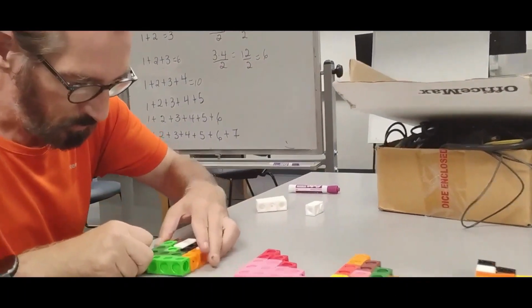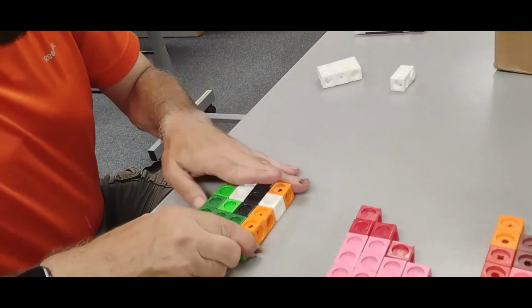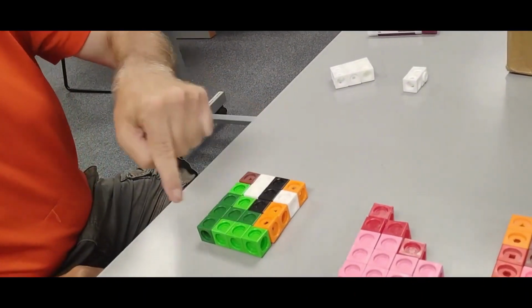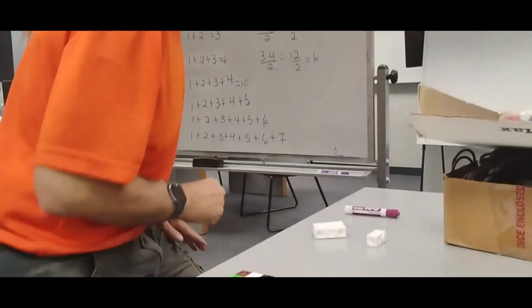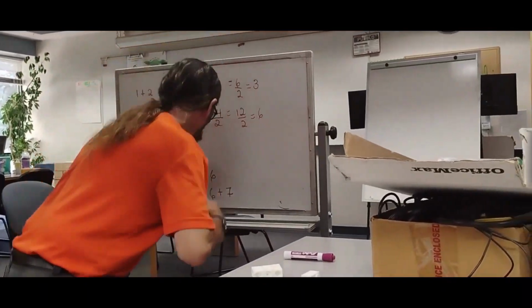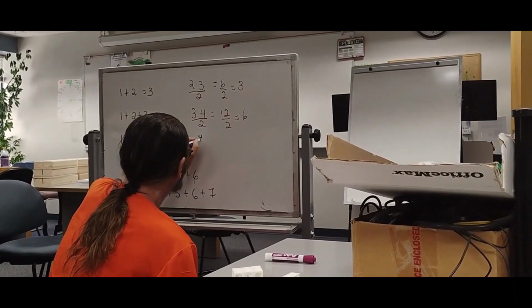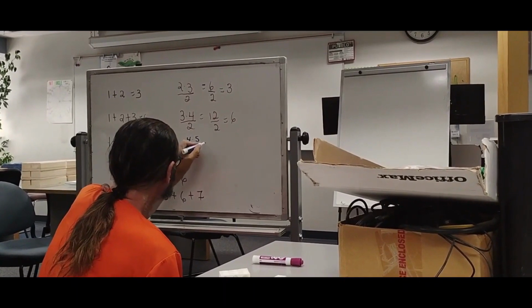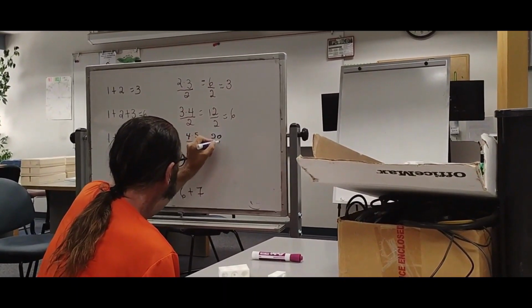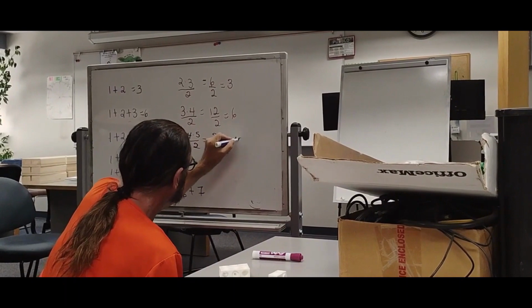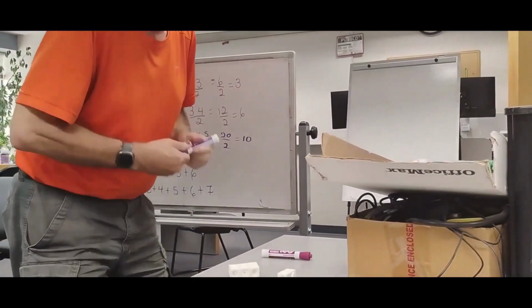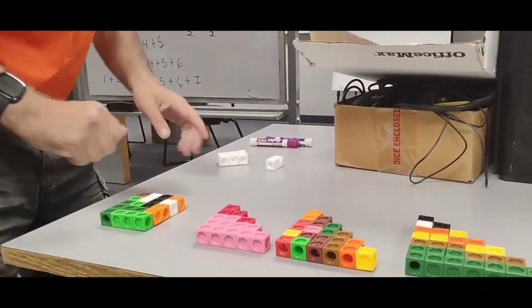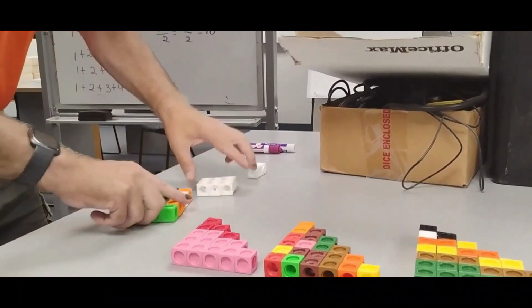And now we have a 4 by 5, right? Which is double the 10. All right. Want to make a copy of that one? Sure.